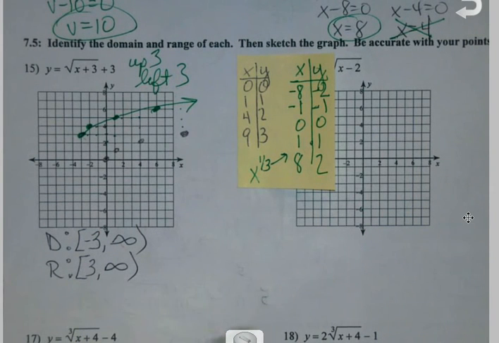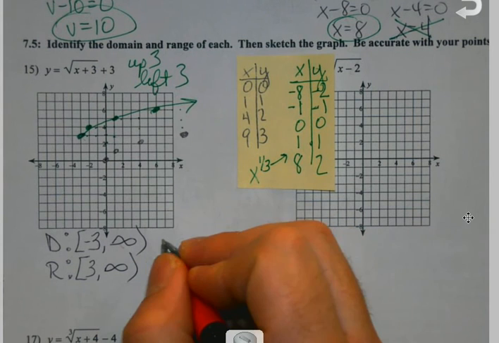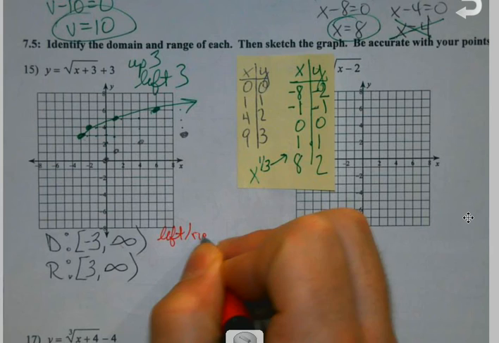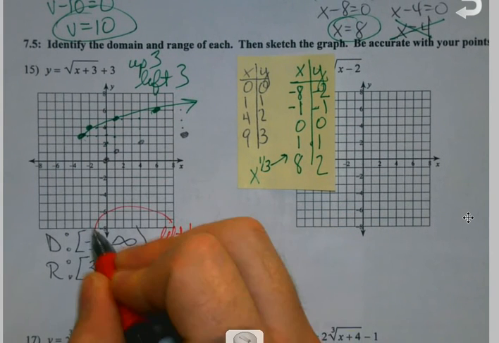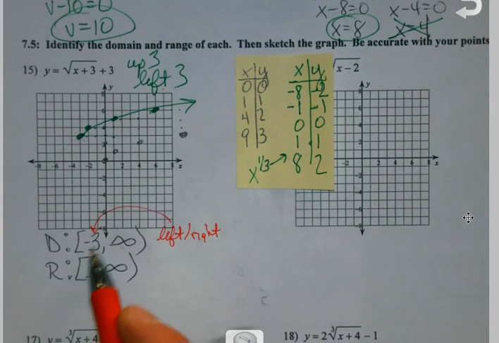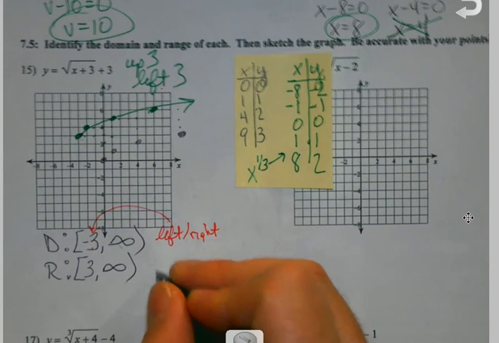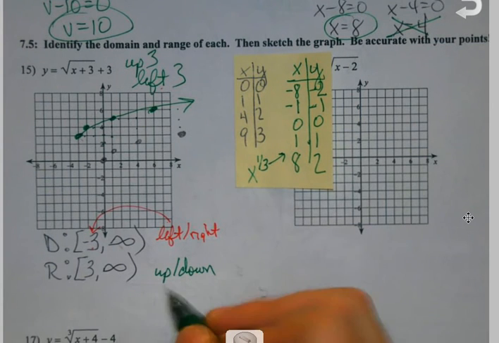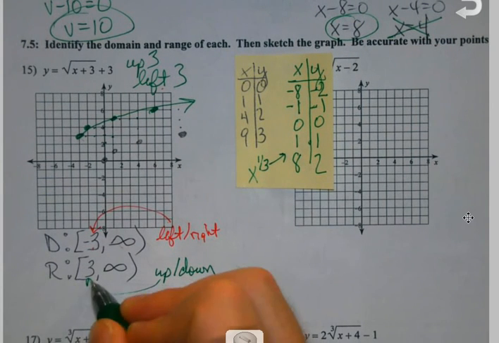Whenever we're doing these, just a reminder. If you have a left or a right shift, that's going to affect your domain value. Here I went left 3. If I go left 3 on x, I go to negative. If I have an up or a down shift, that affects my range.